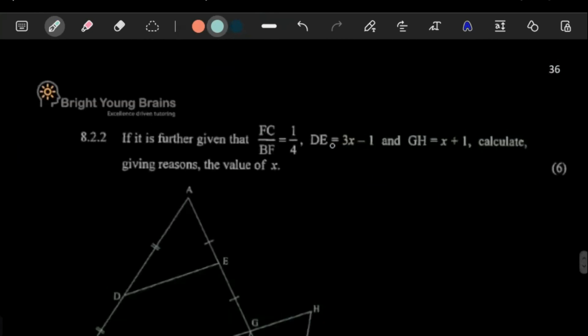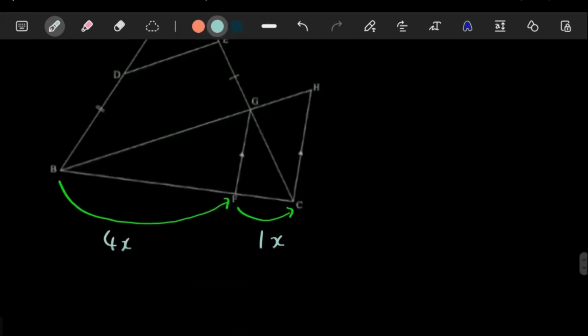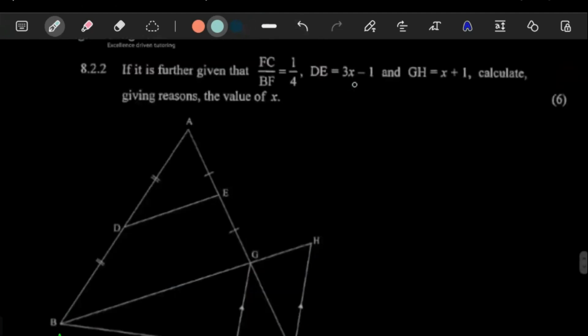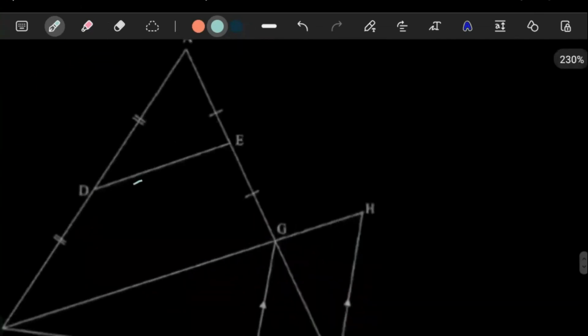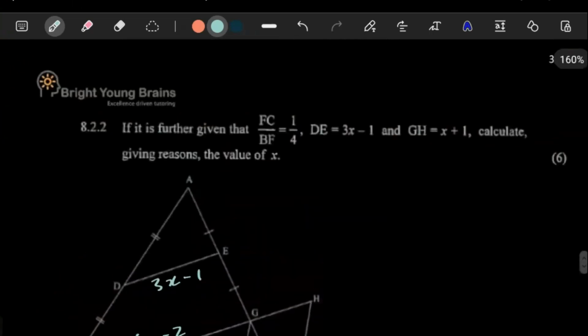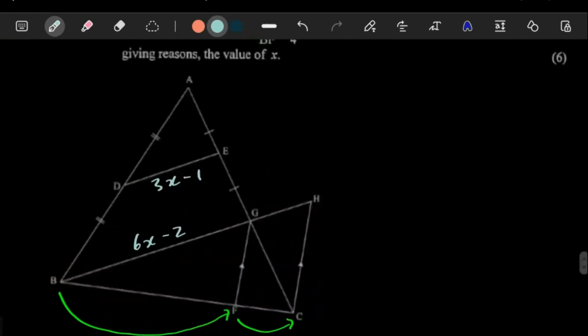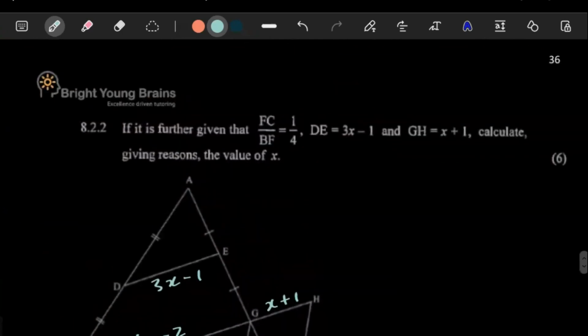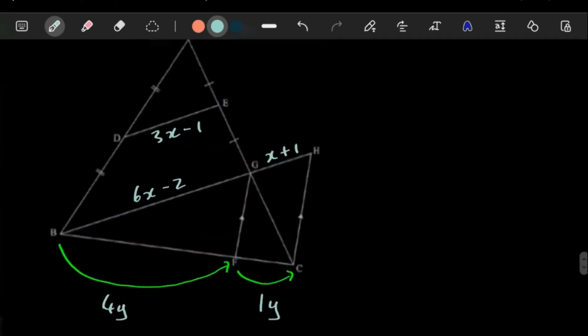And then, well, let's not use x, let's maybe use y. 1y, 4y. And then it says DE is 3x minus 1. So if this is 3x minus 1, this has to be double, which is going to be 6x minus 2 automatically. Then it says GH is x plus 1. So GH is just x plus 1.